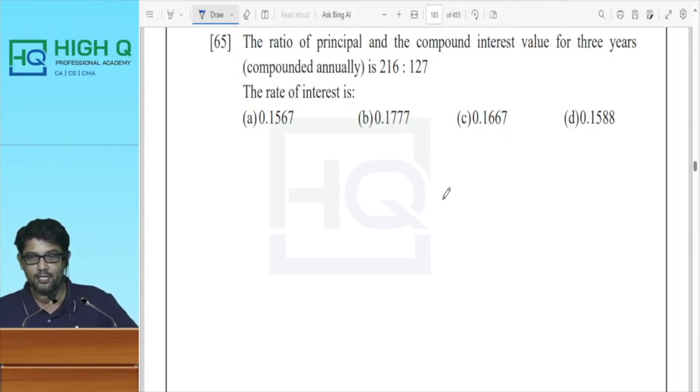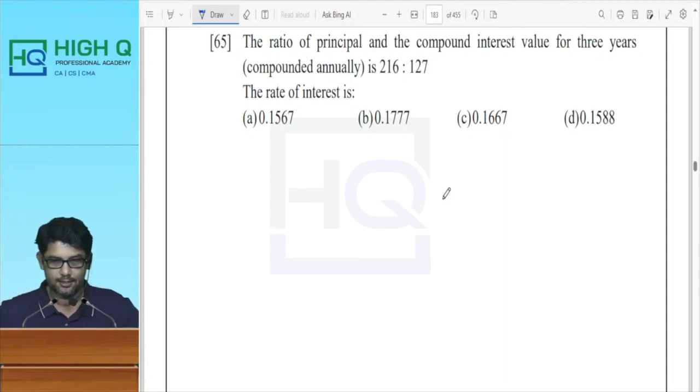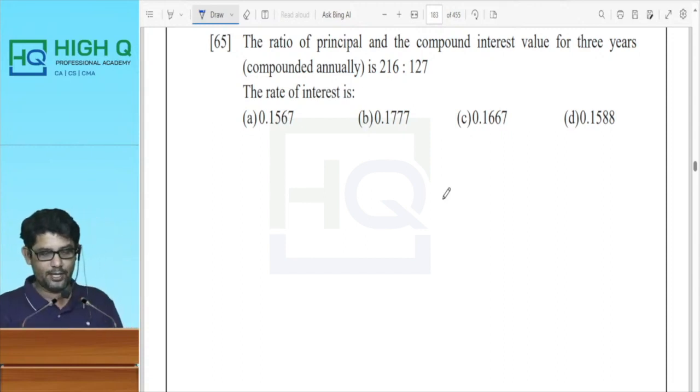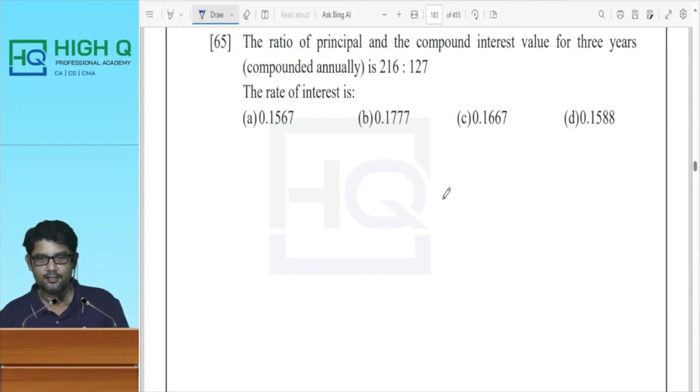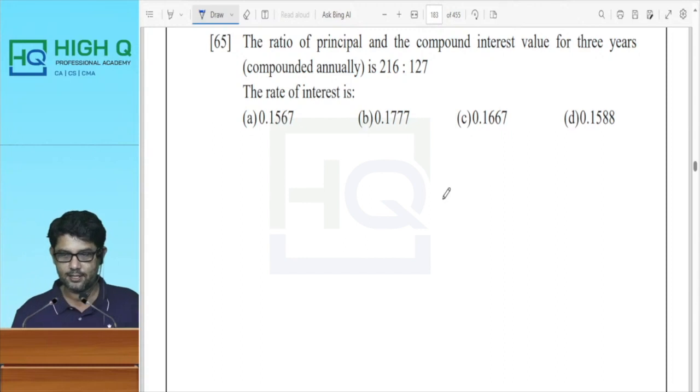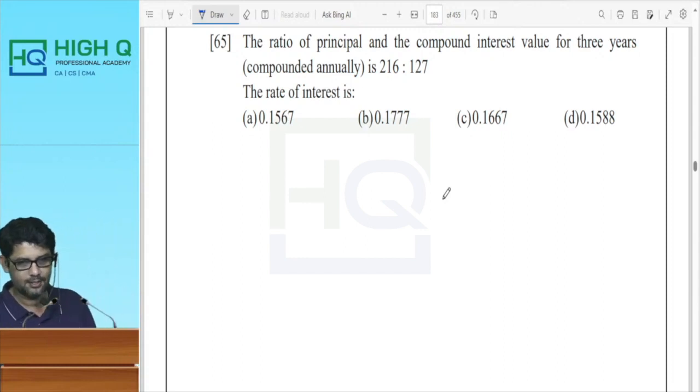Mubashira has given me answer B. Dikshita, B. Very fast. Mubashira, wow. She is very fast. No one has given me an answer other than Mubashira.